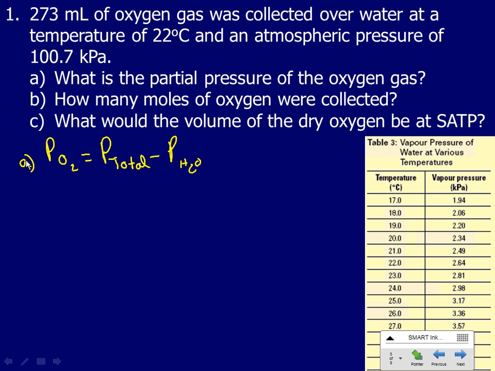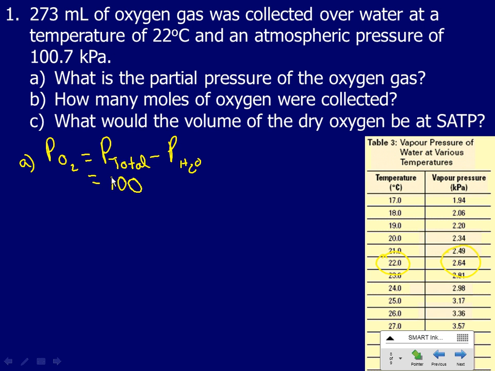It's hard to see. We need the pressure at 22 degrees Celsius. There's 22 right there. There's our number. 2.64 kilopascals of water vapor gets into the tube at 22 degrees Celsius. So the partial pressure part of the question is really easy.